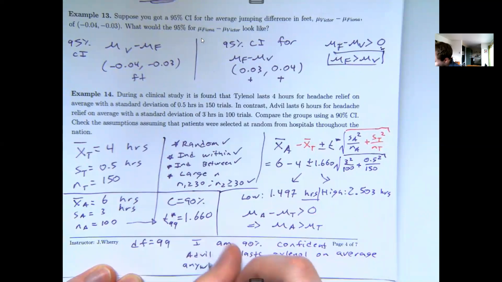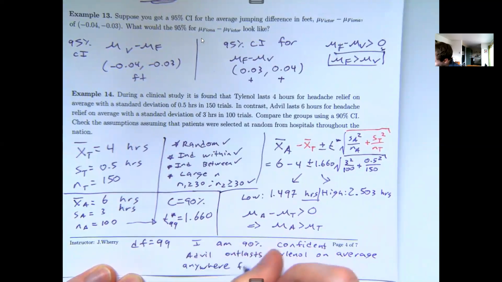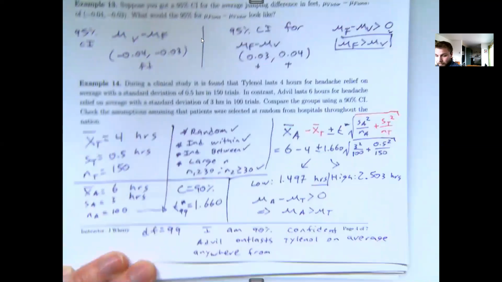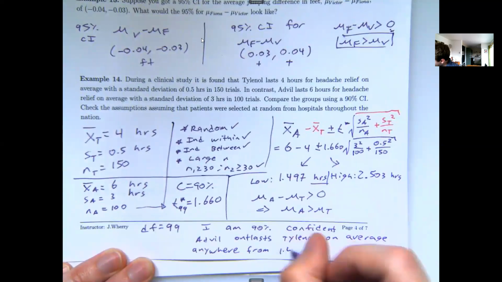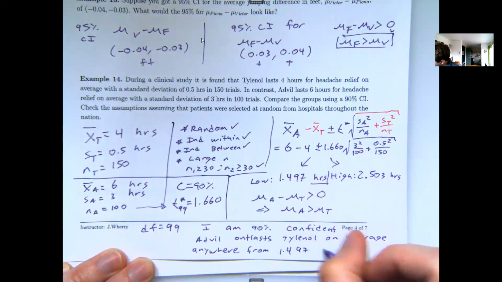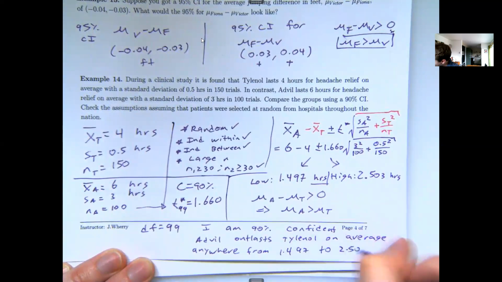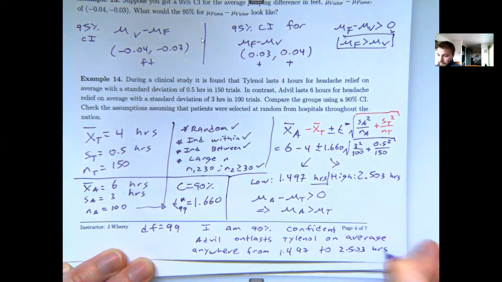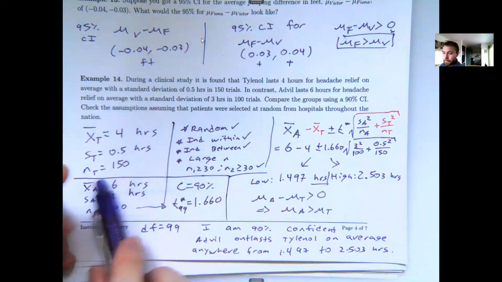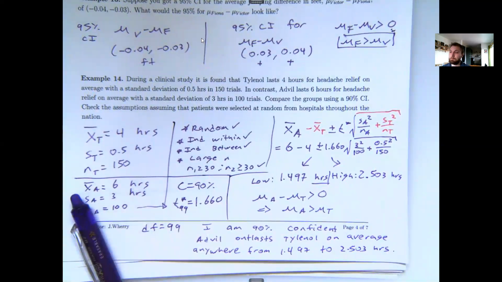Anywhere from 1.497 to 2.503 units average. So if I wanted to say something in a commercial like studies show Advil outlasts Tylenol, I would now have enough evidence to do something like that.